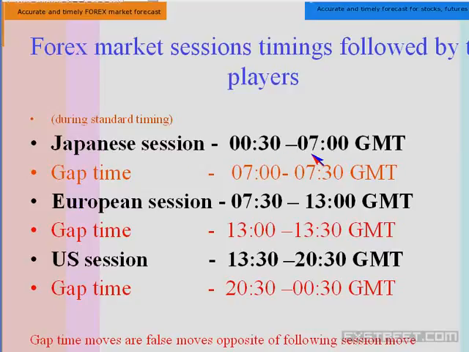You find that the first session is between 0030 to 7 GMT, then 7 to 7:30 GMT. There is a gap time in which the bank orders are not expected to flow in the market. The big orders for currency conversion normally come from the exporters and importers, those who are in international business.